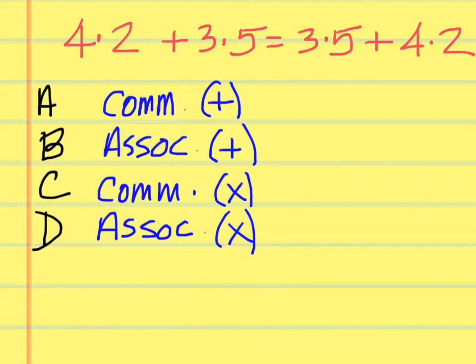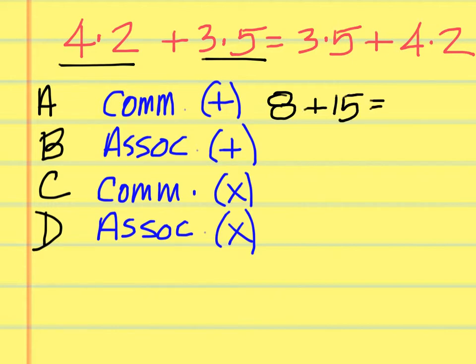Sometimes you have to simplify these a little bit to see what is really going on. You have multiplication here and here. You always have to do those first in order of operations problems, so why not just do those? 4 times 2 is 8, and 3 times 5 is 15.